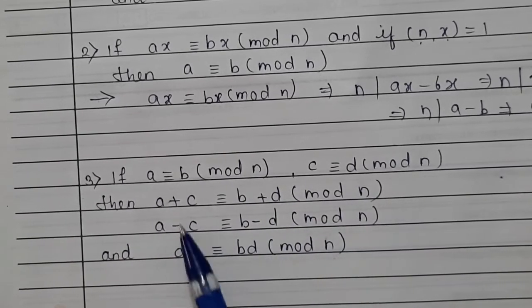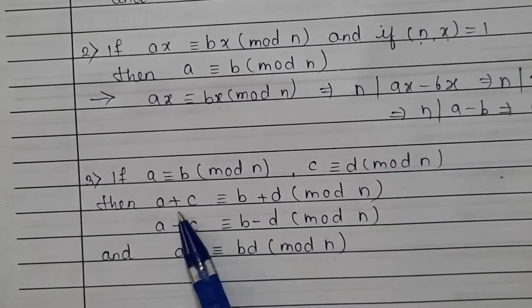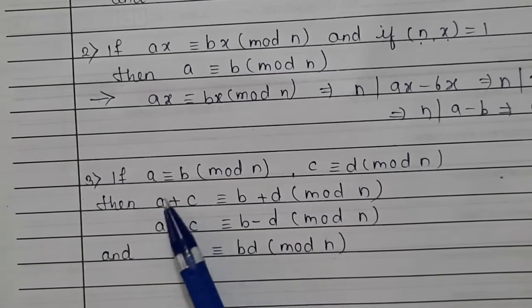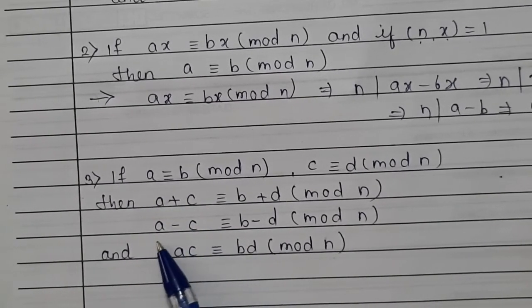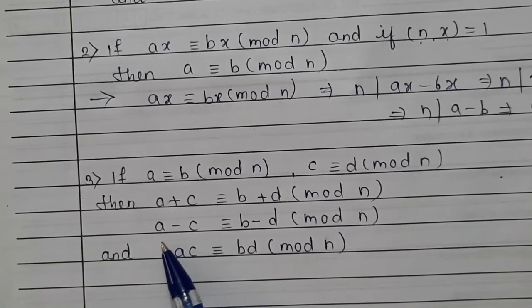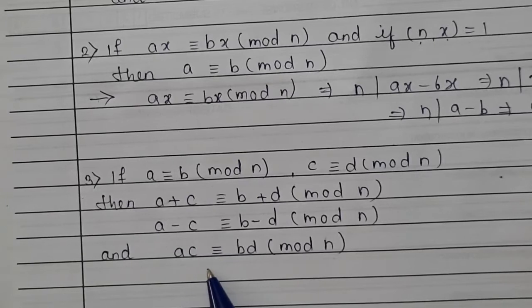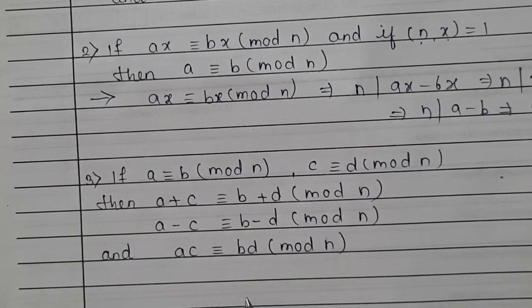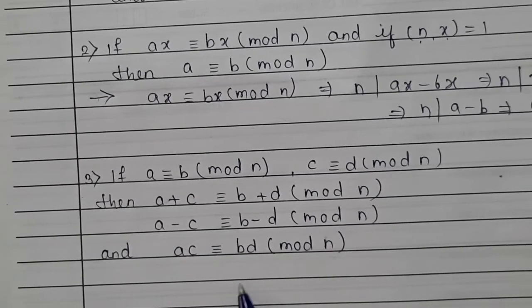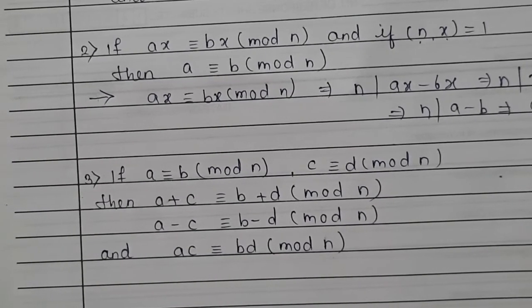For the first case you have to add equations 1 and 2. For subtraction you have to subtract those two equations, and for multiplication you just multiply the equations. That's it. So this is how you can prove this. I gave it to you as an exercise to solve.